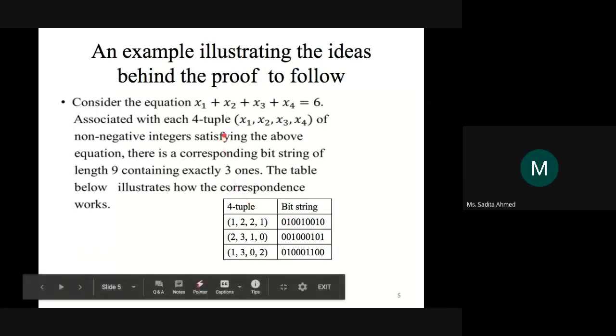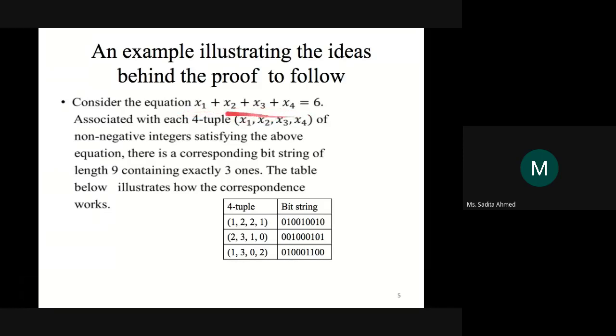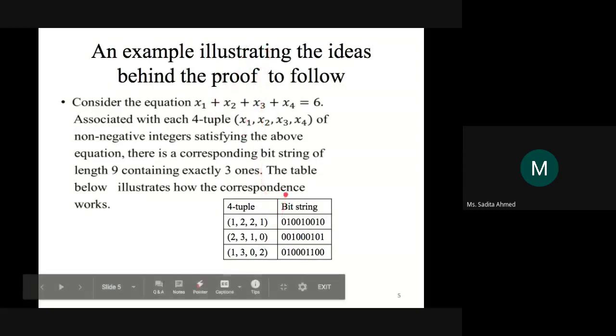Why? Because how many x's do we have here? 4. So in order to be able to distinguish between these 4 x's, how many partitions do we need? 1, 2, 3. We will need 3 partitions to separate between 4 different values.